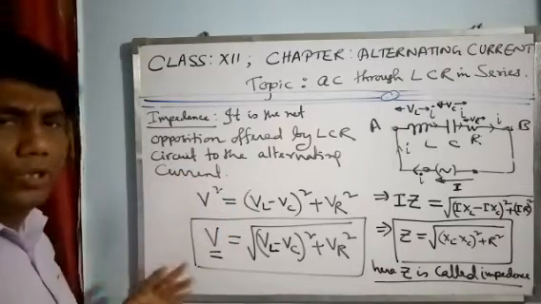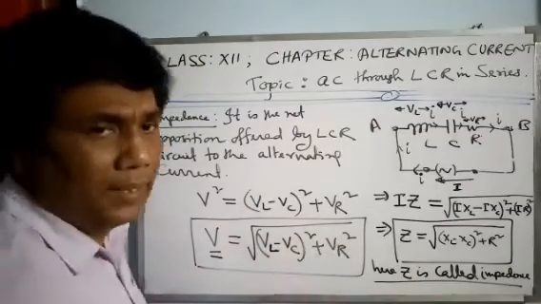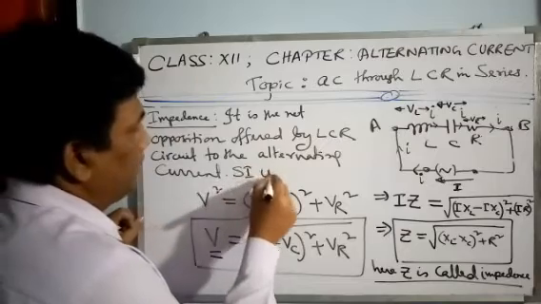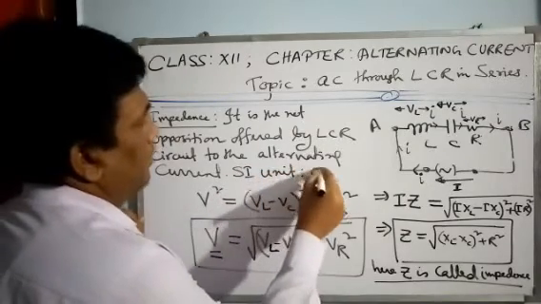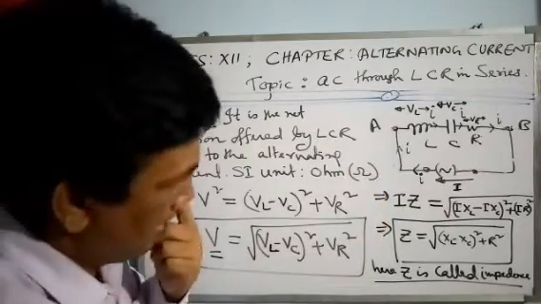I think there is no need to say the SI unit of impedance will be the same as resistance, ohm. Because it is nothing but resistance only. SI unit ohm, symbol omega.